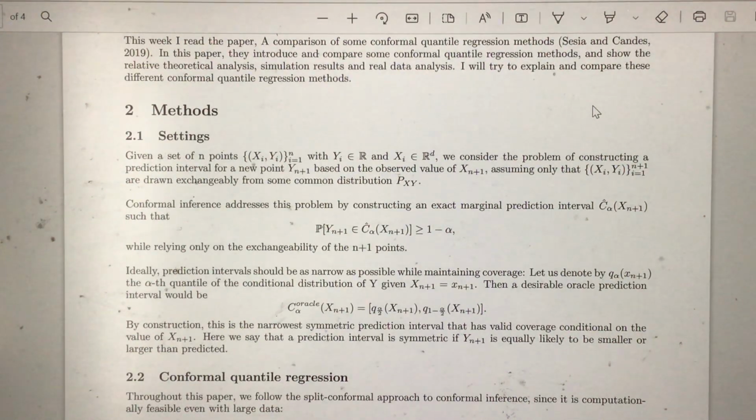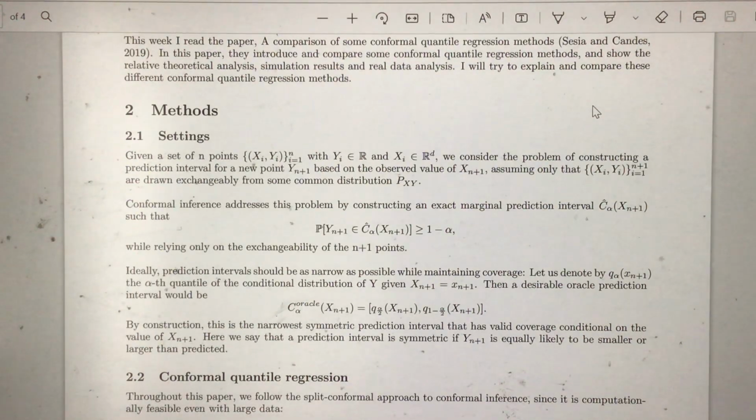This relies only on exchangeability of the n+1 points. Ideally, prediction intervals should be as narrow as possible while maintaining the coverage. Let us denote by q alpha(xn+1) the alpha quantile of the conditional distribution of y given xn+1.